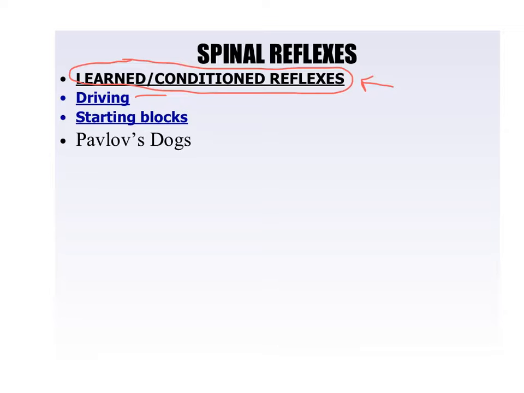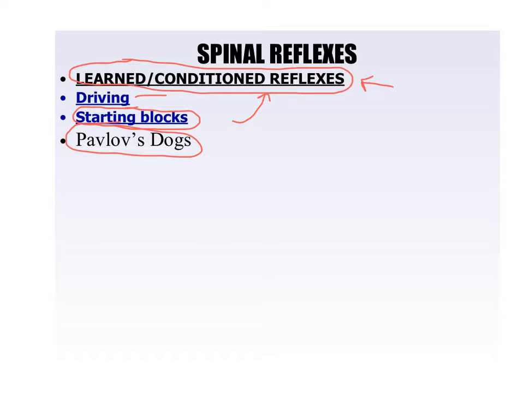Starting blocks. So even though our hearing might be the same, track athletes can get a jump off the starting blocks faster than somebody who's not a track athlete because they've conditioned that reflex. Pavlov's dogs. Those of you that are in AP psychology, I'm sure you've heard of them. They were conditioned to salivate by the ring of a bell.